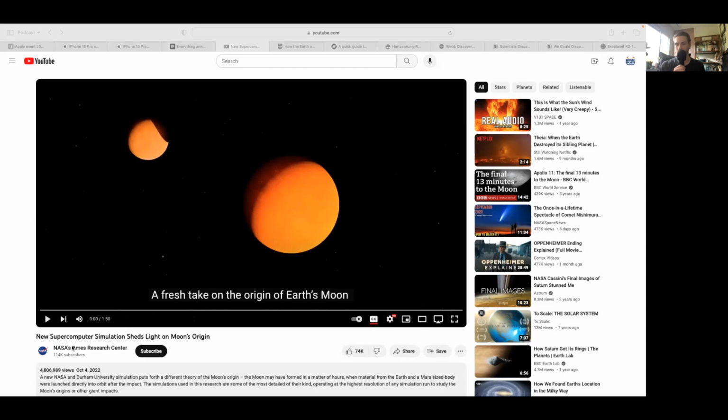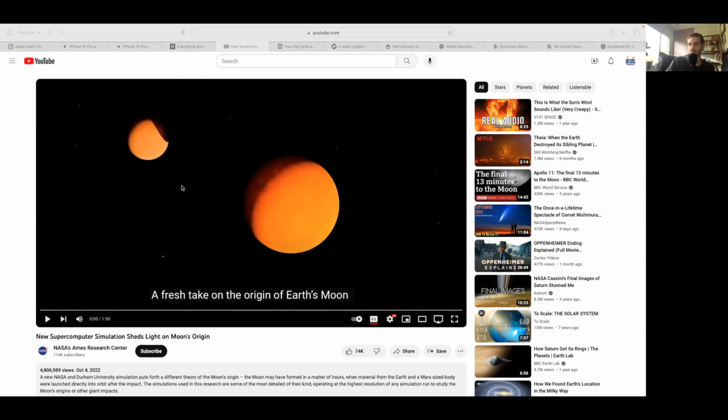Now, obviously, it takes a lot of research in order to prove that this actually happened, but using computer models and using samples that they have collected from the moon and lunar missions, both manned and unmanned, they have put together all of this data into a massive computer, and it resulted in a visual of what actually happened and what we can think created our moon.